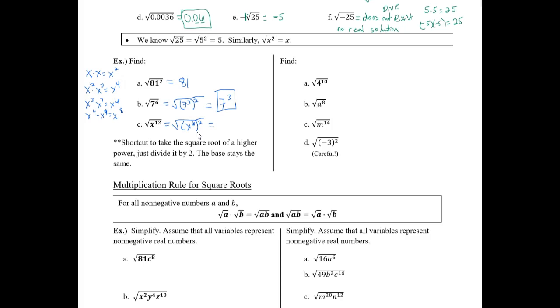So we have a square, we have a square root, we're undoing that square. The answer is just x to the 6th. And I want to mention that this is assuming that the variable represents a non-negative real number. Okay. Go ahead and try the examples on the right-hand side.